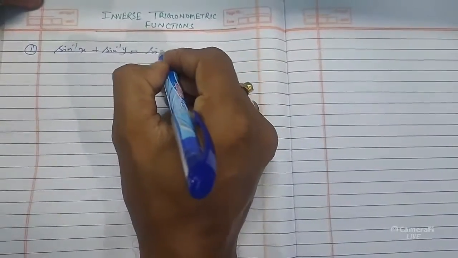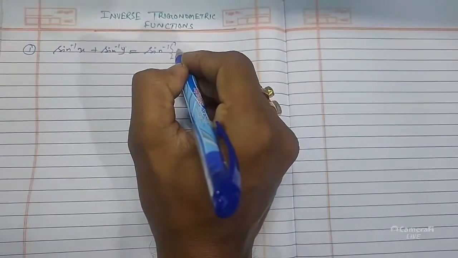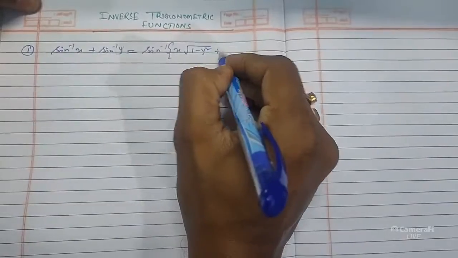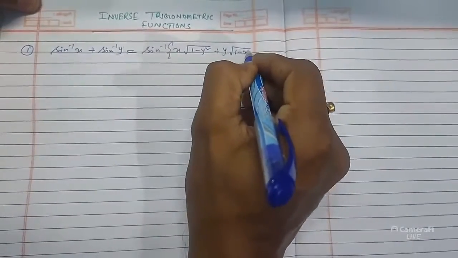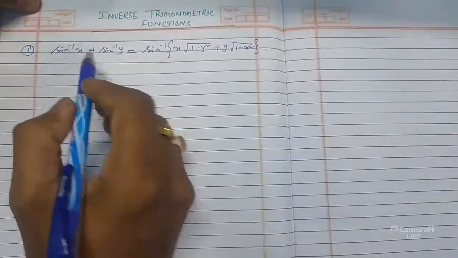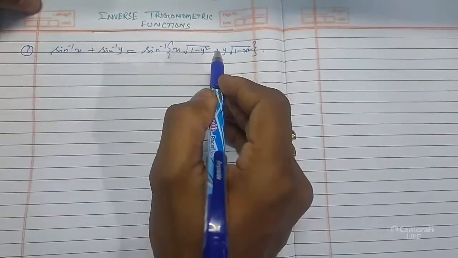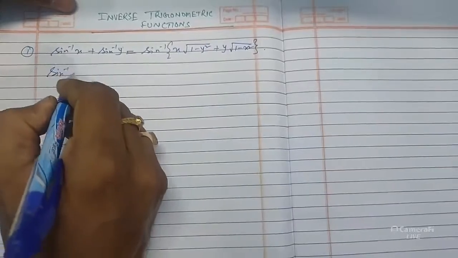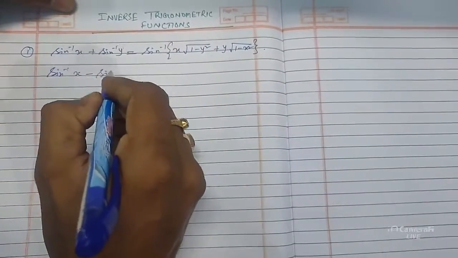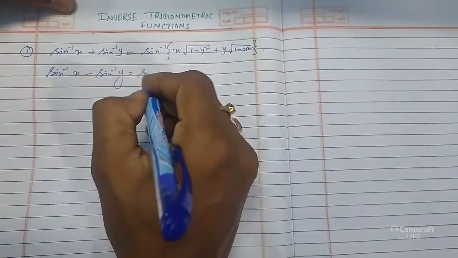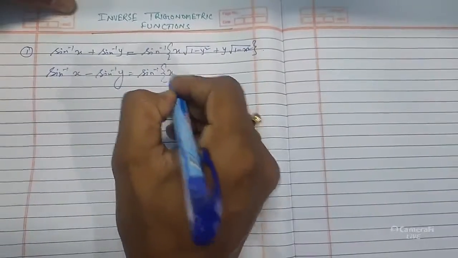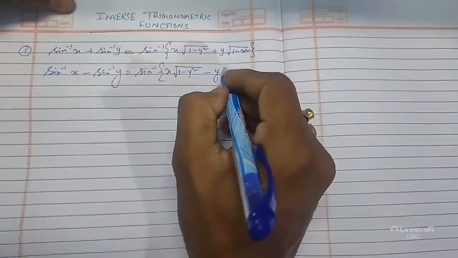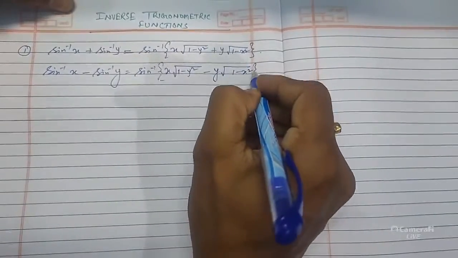It is equal to sin inverse of x into root under 1 minus y square plus y into root under 1 minus x square. When here it is plus sign, inside also it will be plus sign. If it is minus, sin inverse x minus sin inverse y, then it will be sin inverse of x into root under 1 minus y square minus y into root under 1 minus x square.